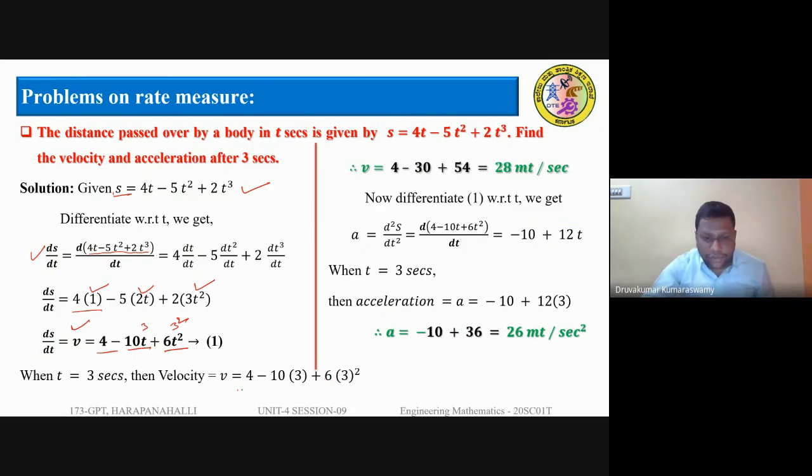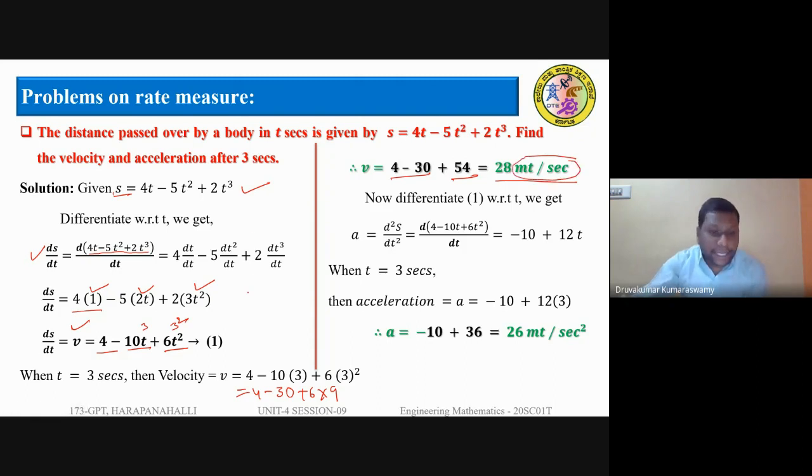That is 4 minus 30 plus 6 into 9, which is 54. 54 plus 4 is 58, minus 30 is 28 meter per second, because meter per second is the SI unit of velocity.